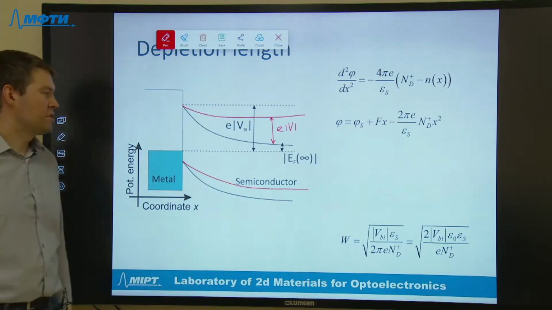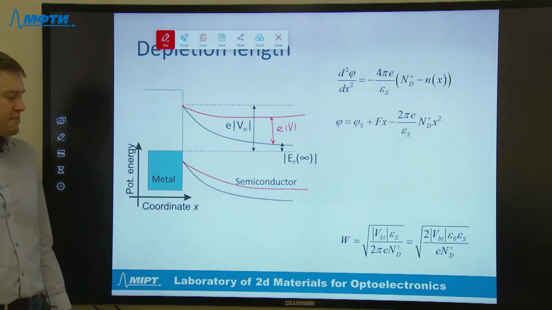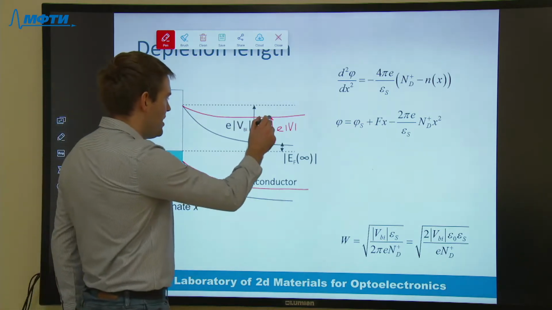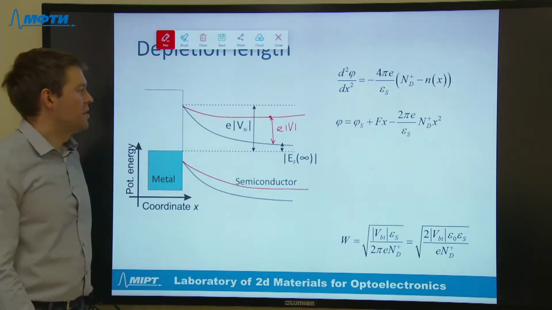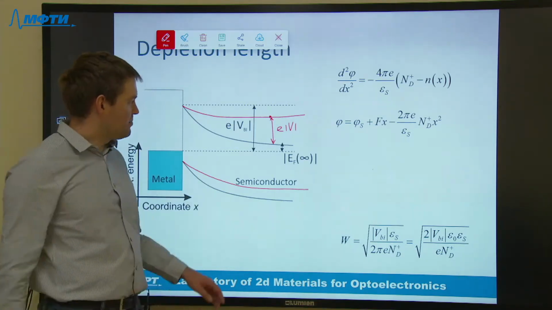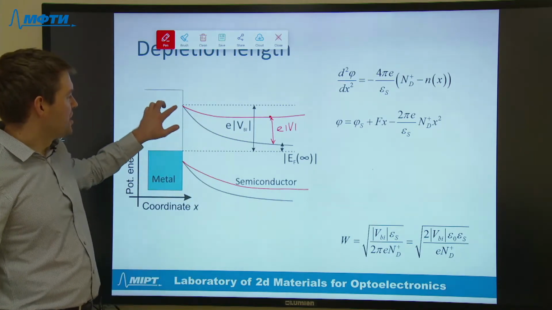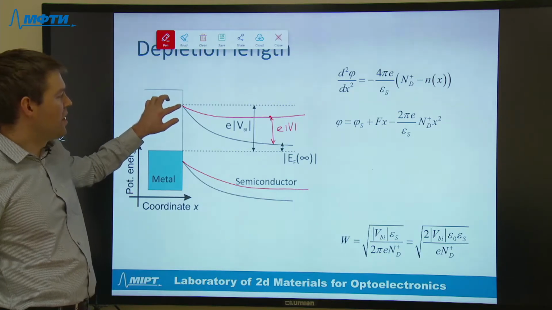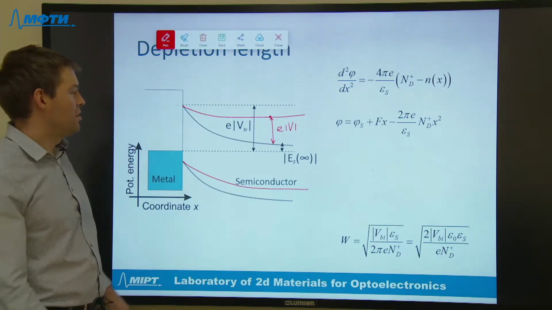The shape of electric potential can be found by very similar considerations. So you can just change the boundary condition for electric potential at one of the ends.